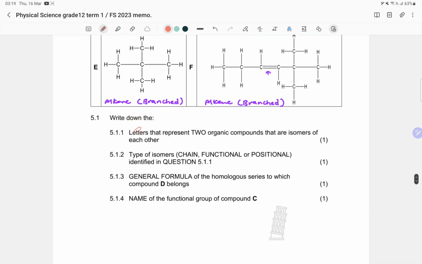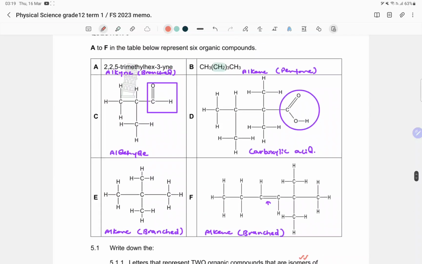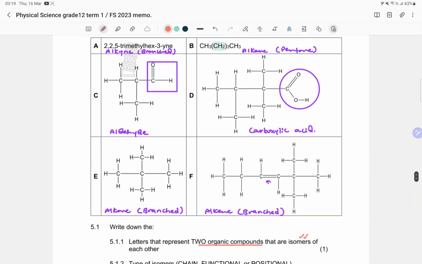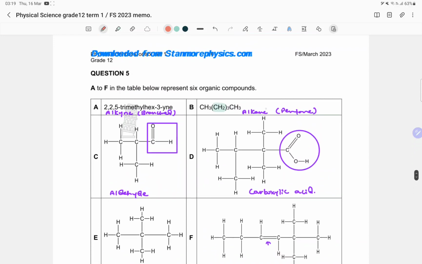So we can just move on and try to answer the questions. Write down the letters that represent 2 organic compounds that are isomers of each other. Okay, so now let's have a look here. If you're looking at this one, 1, 2, 3, 4, 5 carbons, and it's all single bonds, and that is 5 carbons.